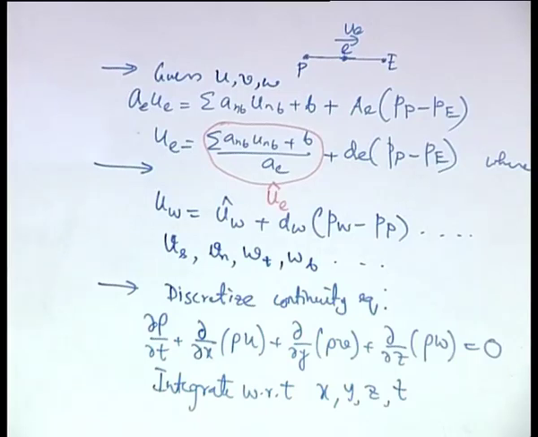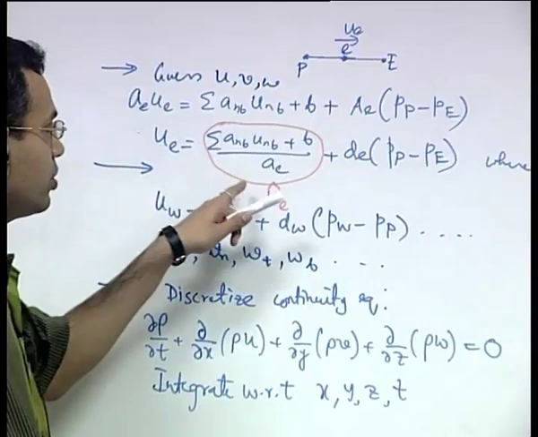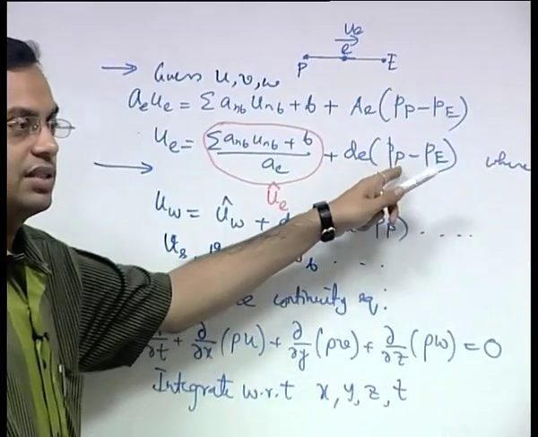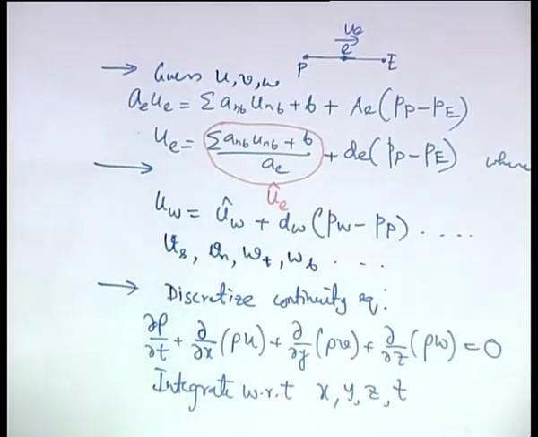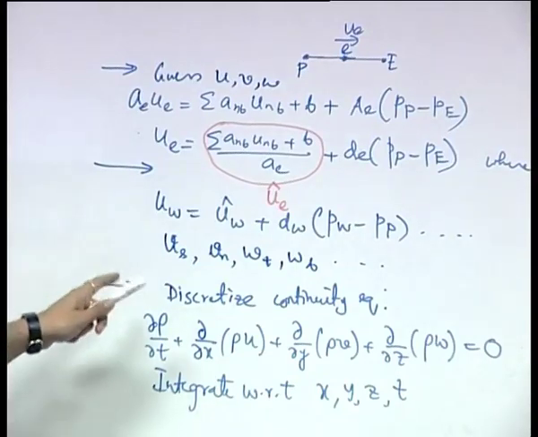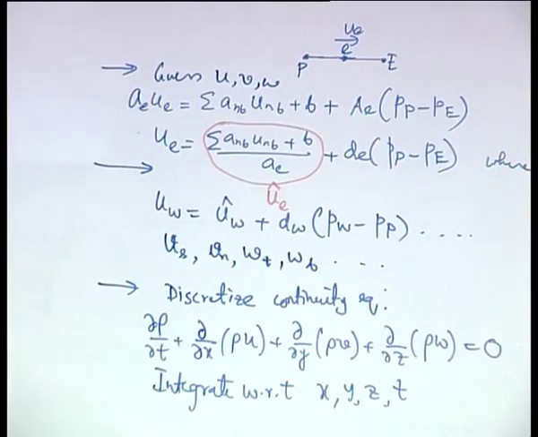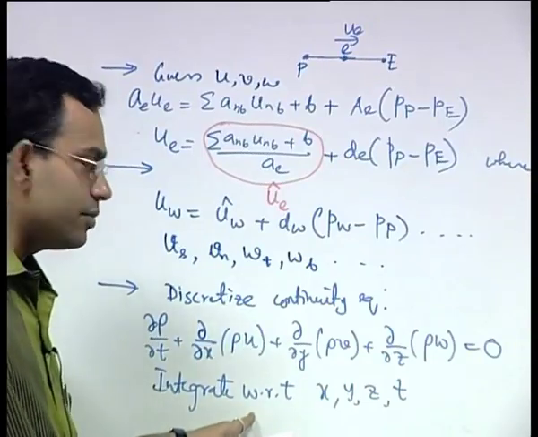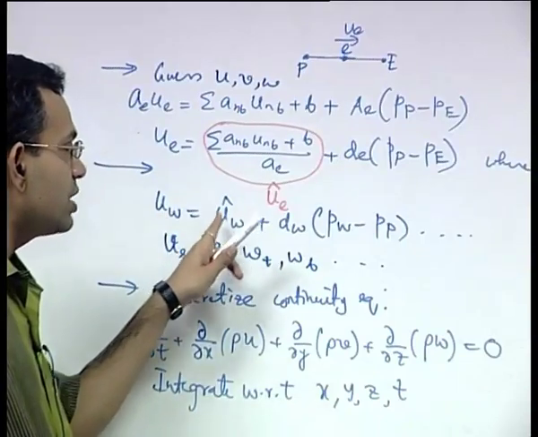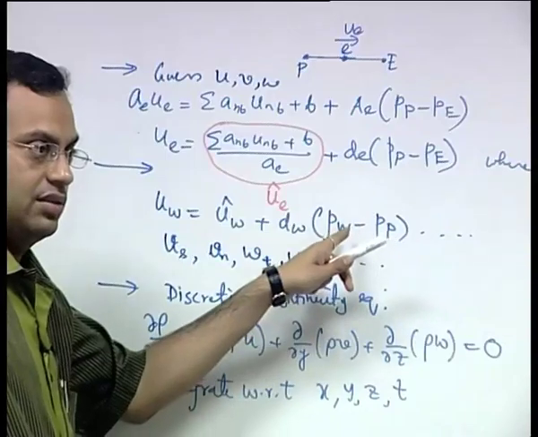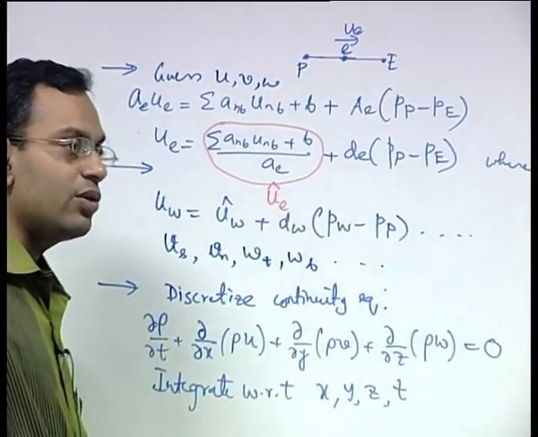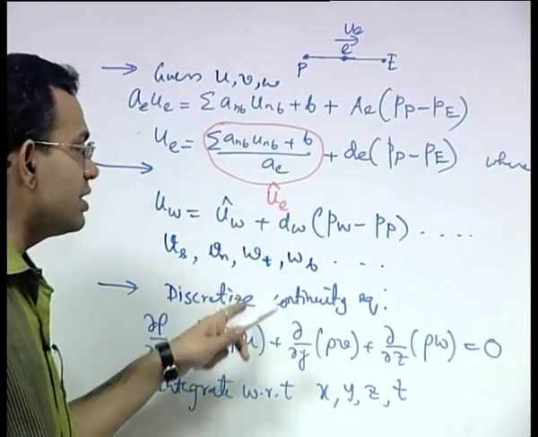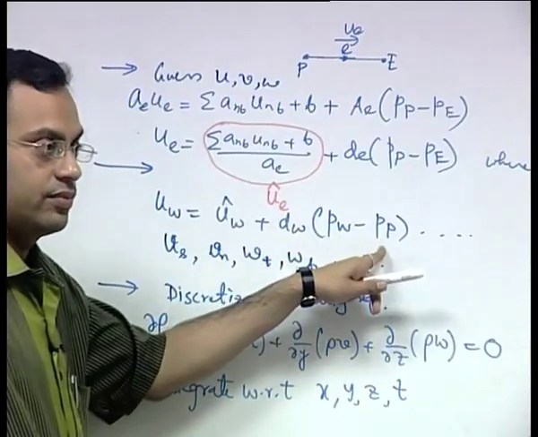And there, in place of the velocities, you substitute the corresponding velocity hat plus d into the pressure difference. What is the similarity with the corresponding pressure correction equation derivation in the SIMPLE algorithm? It was the same: integrated with respect to x, y, z, t. In place of u, you substituted u star plus d into the pressure correction difference. So the discretized equation will be the same, where the stars are replaced by hats, and instead of pressure correction it is now the pressure itself.